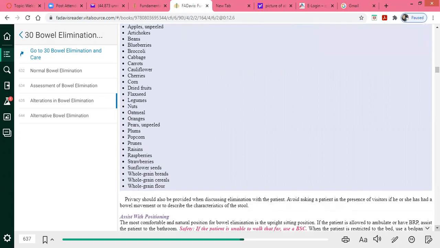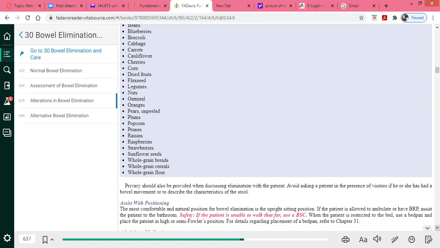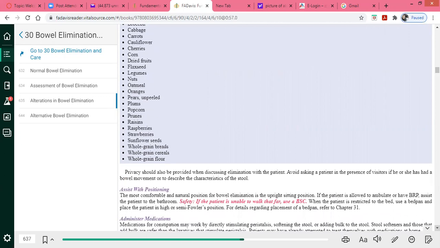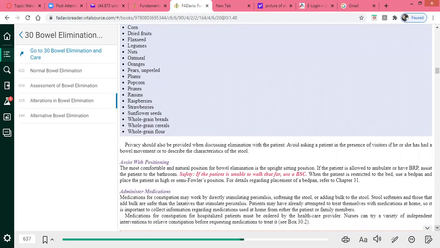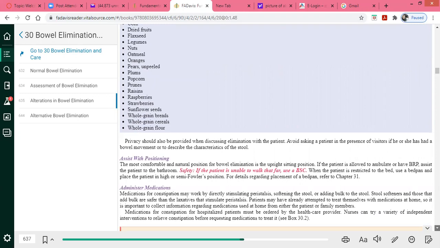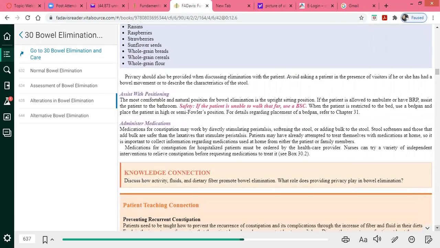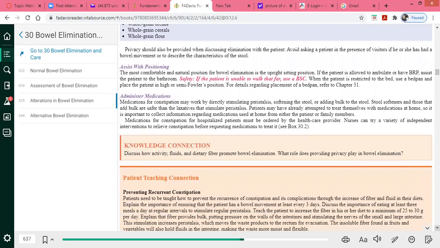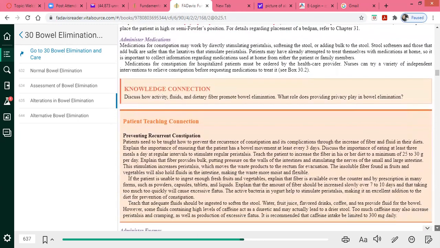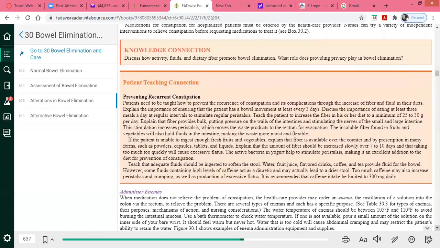Let me show you: nuts, corn, popcorn, raisins, raspberries, whole grain bread. They all have high sources of fiber. And repositioning patients often, we should be repositioning patients who aren't able to reposition themselves every 2 hours.